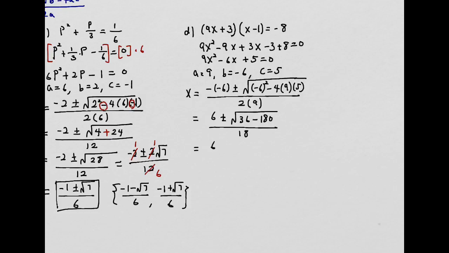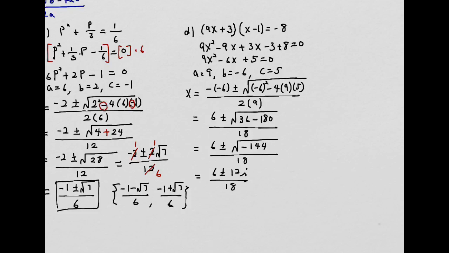Then you get 6 plus minus square root of 36 minus 180, you get negative 144 over 18. And 144 is 12 times 12. So we know this is going to be 6 plus minus 12i over 18.